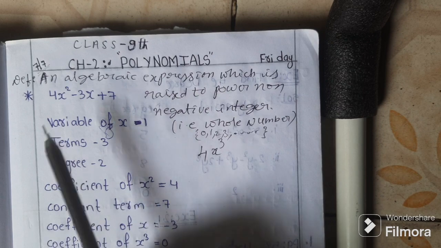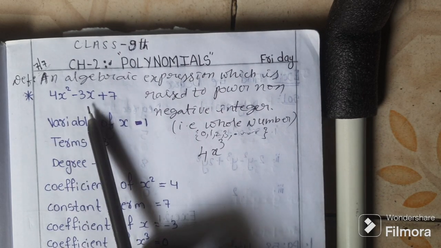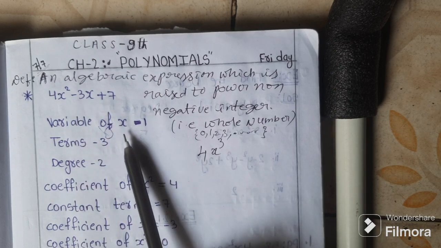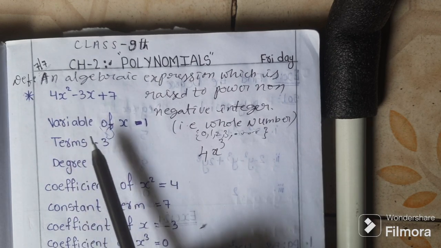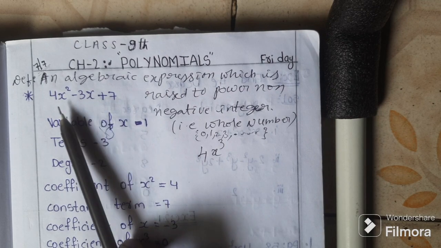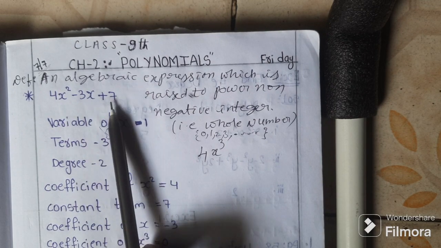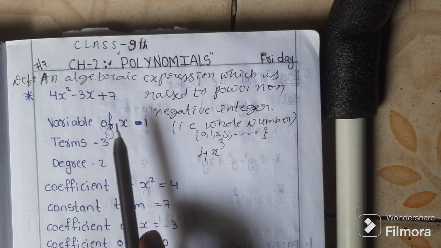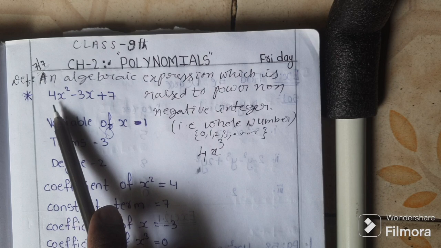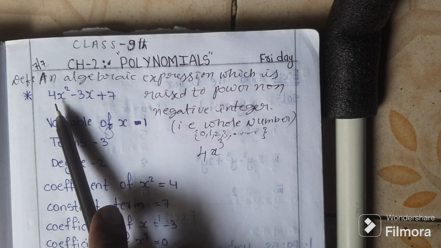Here I am giving the example 4x square minus 3x plus 7. Here the variable is x only. Only one variable is present here. How many terms are there? Wherever plus or minus is there, a separation will be present.